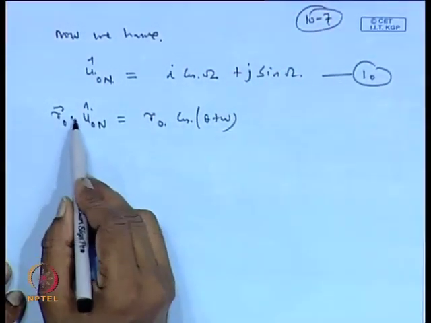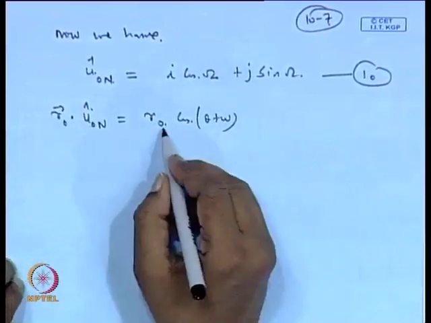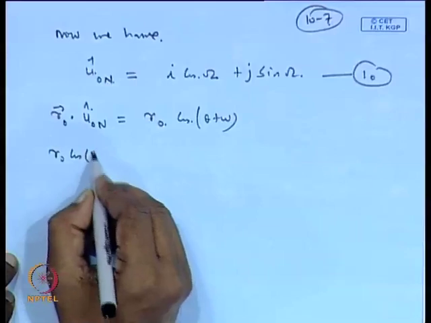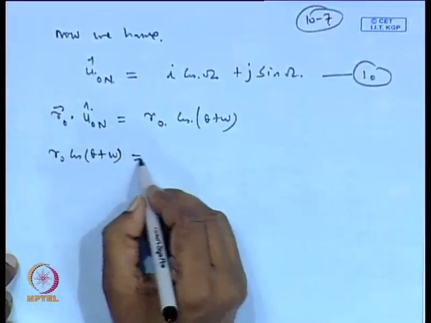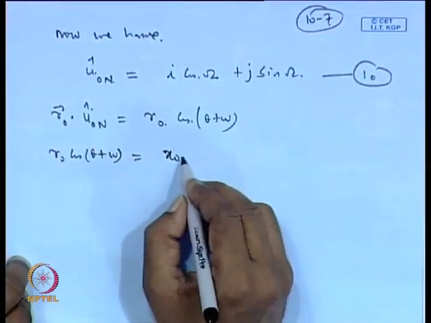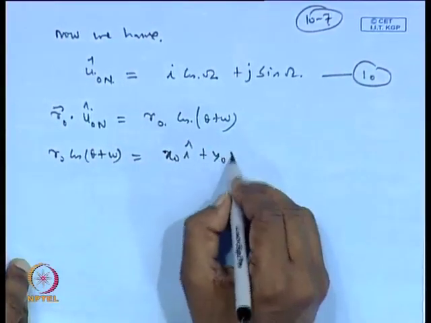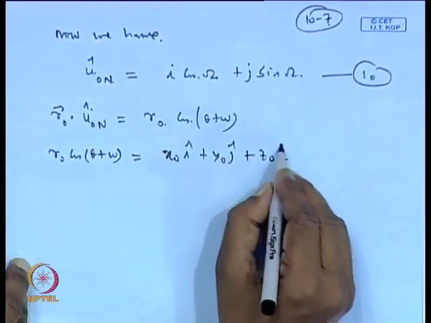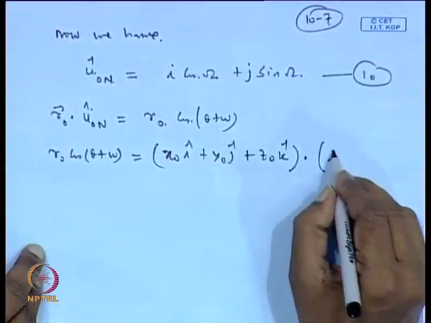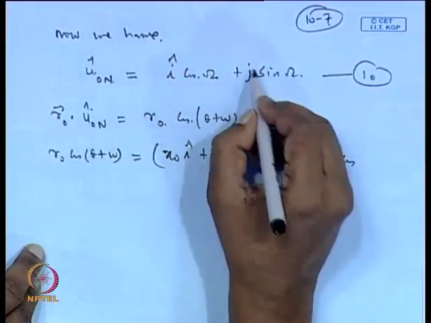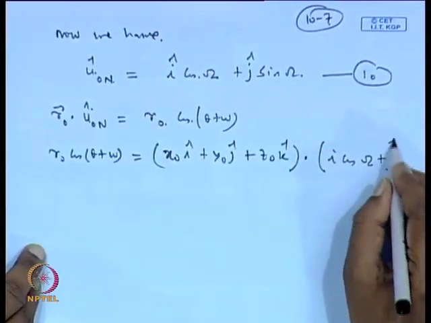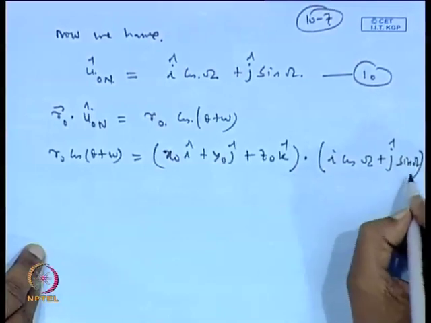So, exactly going through this process, r0 dot u_on, this is r0 cos(theta plus omega). Now, breaking the left hand side, we are writing this as x0 i plus y0 j plus z0 k, and the u_on vector we know is i cap cos capital omega plus j cap sin capital omega.